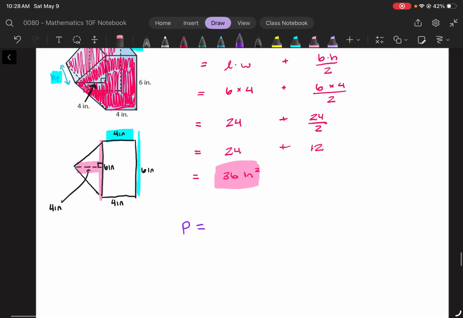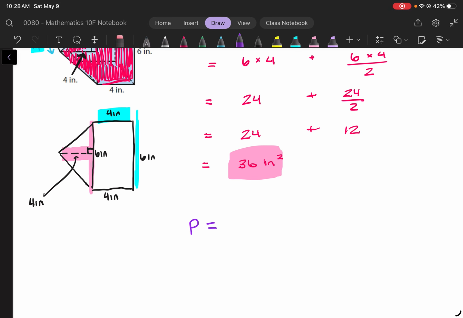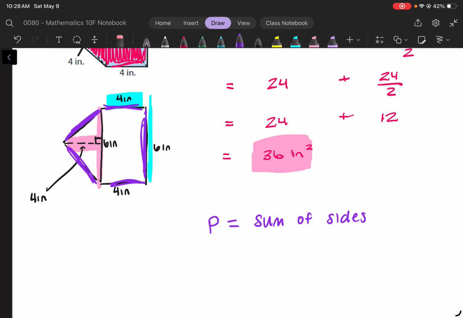And just like we said before, there's not really a specific formula we're going to use for the perimeter of my shape here because it's an irregular shape. I know I'm going to add all the outsides together. So I can say that it's the sum of sides, because remember, sum means adding. But I'm noticing a big issue here: I'm missing 2 of the side lengths, right?